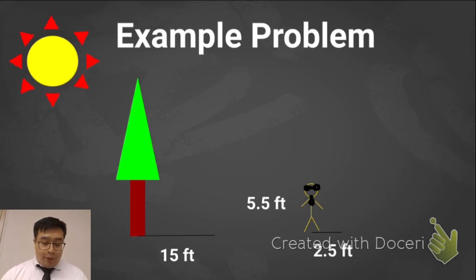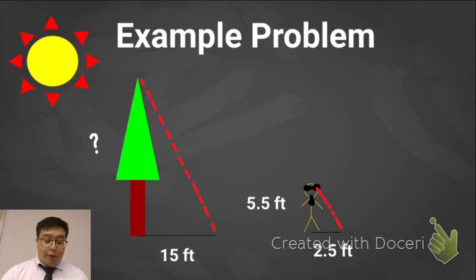Knowing that the sun's rays create two similar triangles, so we have this similar triangle. The sun ray creates a right triangle with me and my shadow. How can I use this to figure out the height of the tree? I want to figure out the height of the tree. There are a couple of different approaches.